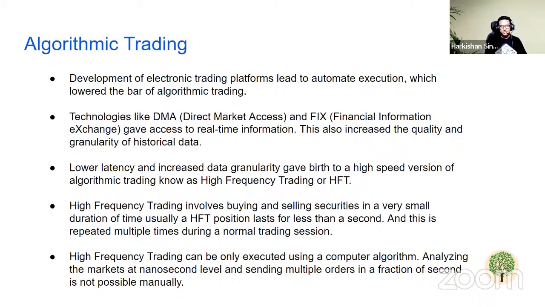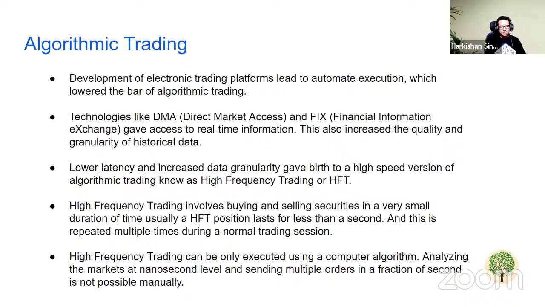They use complex computer algorithms, and they make sure they are really fast on the market. They make sure the connection to the exchanges is really good. They use something called co-location, that is, they place their servers directly at the exchanges so the latency is very low.